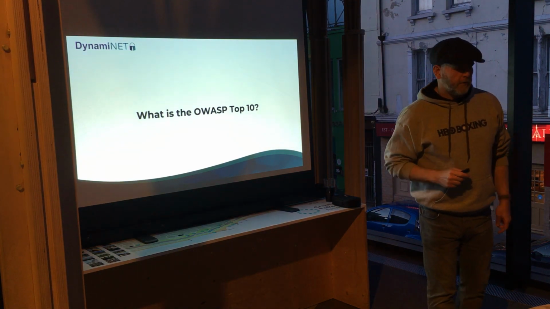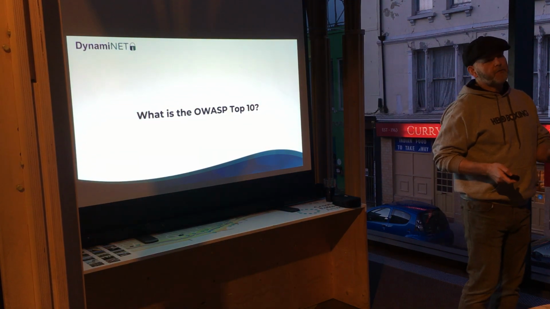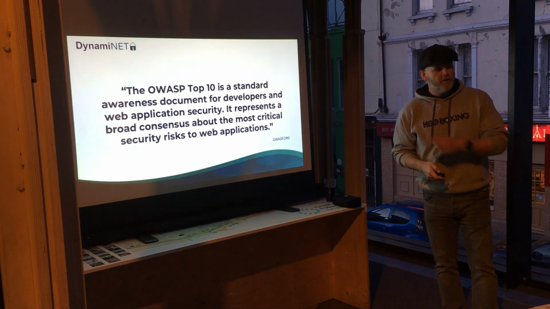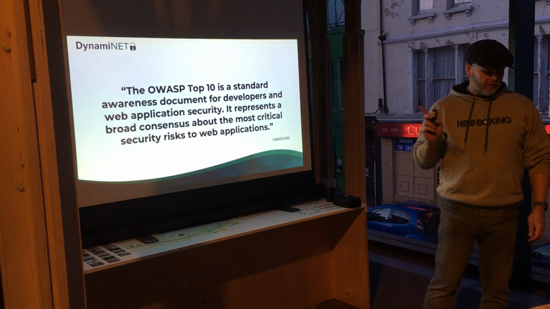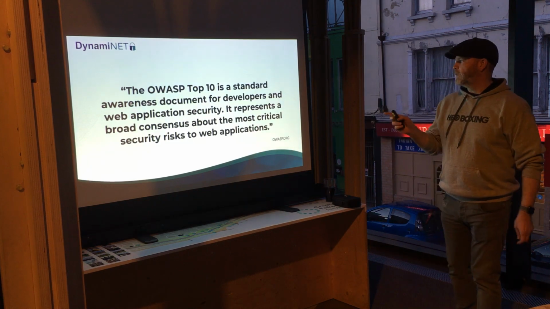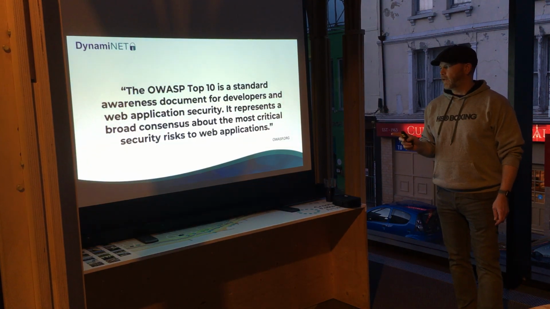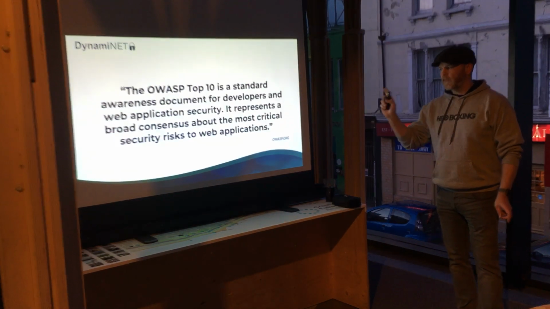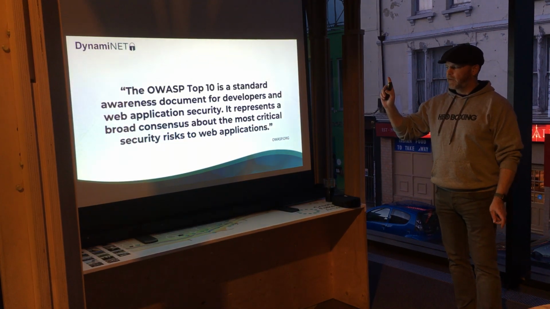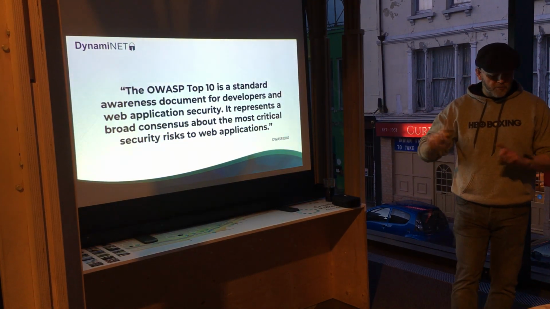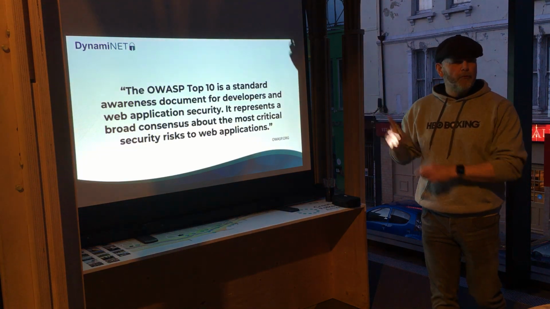Not what are, but what is the OWASP Top 10? Well, the OWASP Top 10, by definition, is a standard awareness document for developers and web application security. And it represents a broad consensus about the most critical security risks to web applications. I'm not going to read off every slide, but that is an important definition.